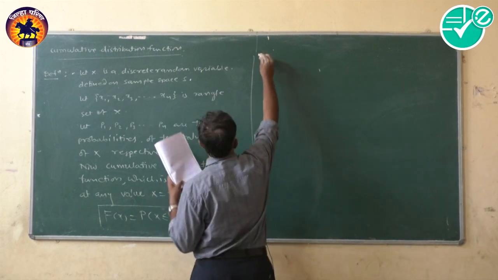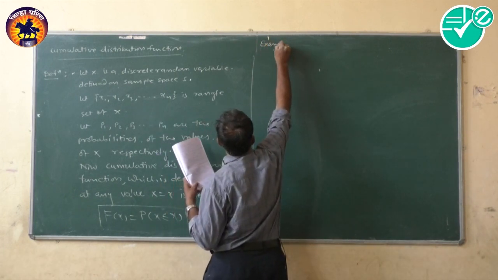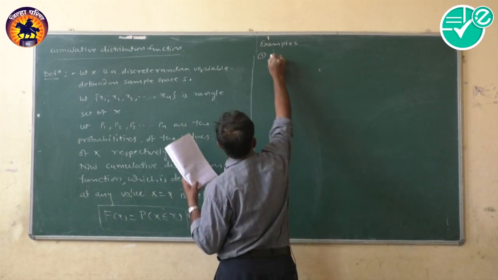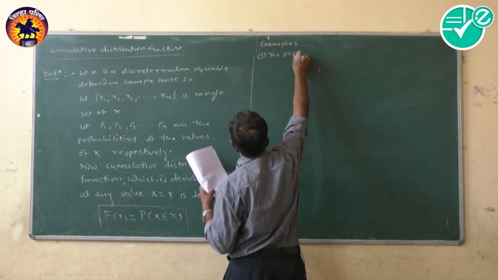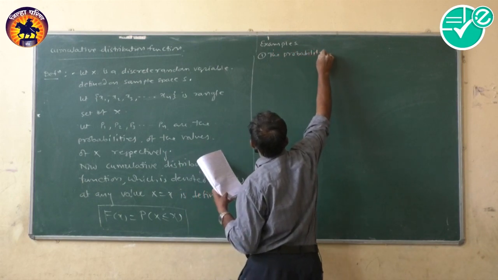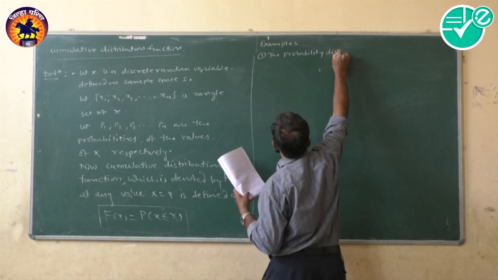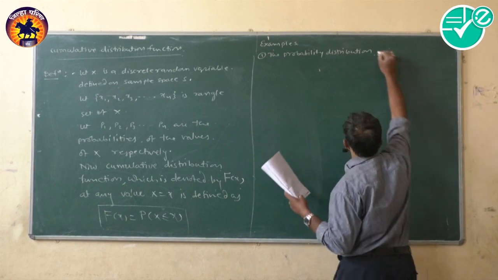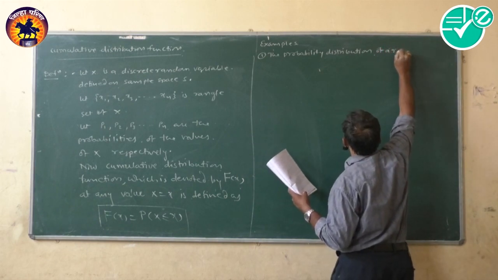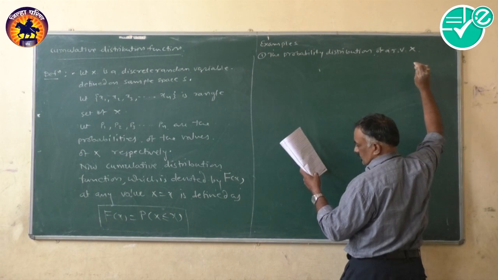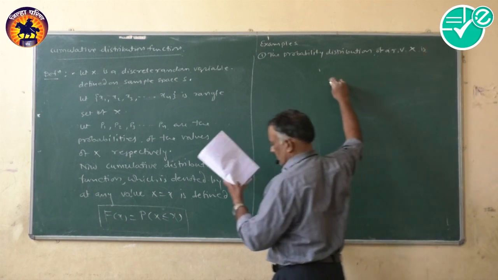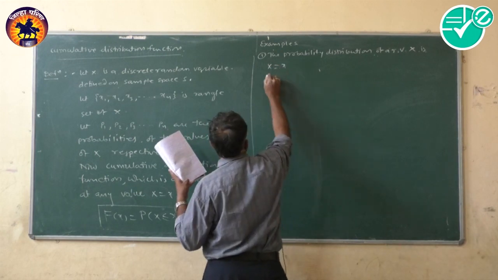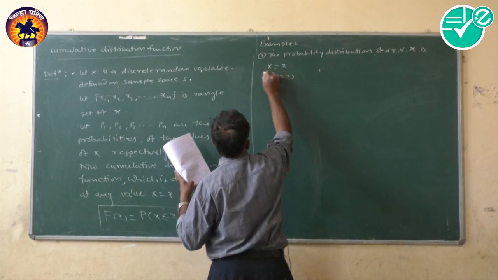The probability distribution of a random variable X is: capital X assumes value small x, and the probability that X assumes value small x.